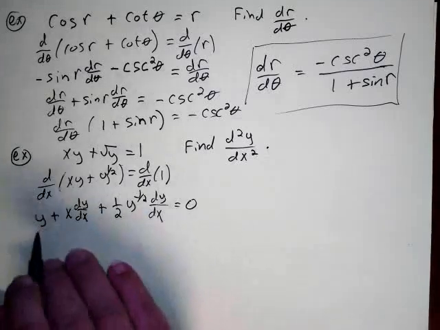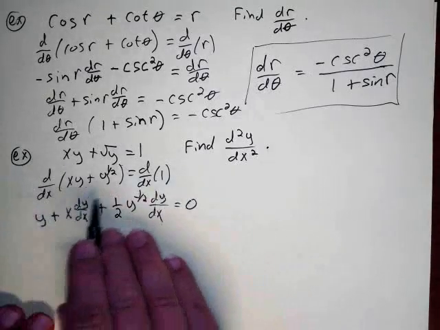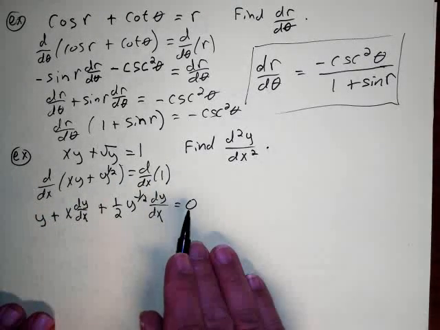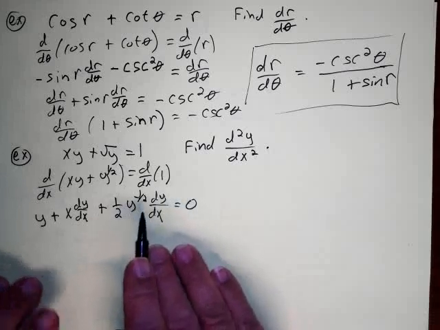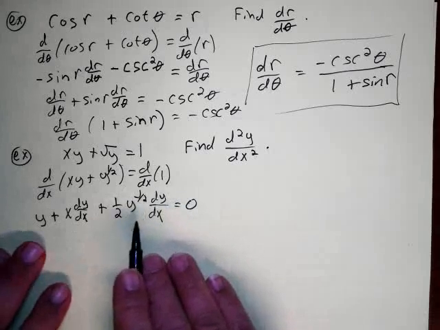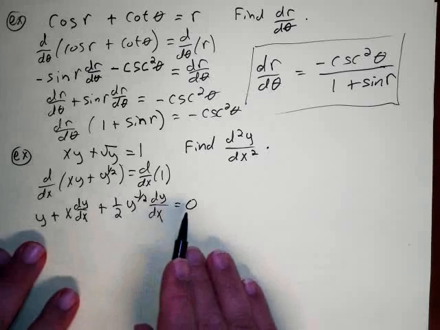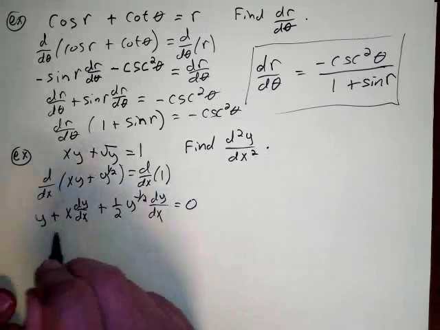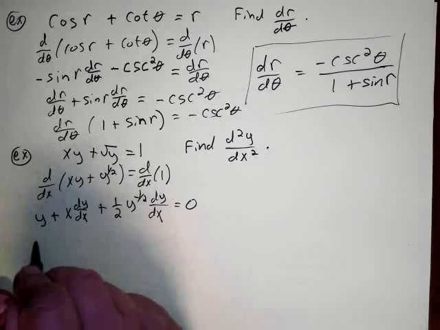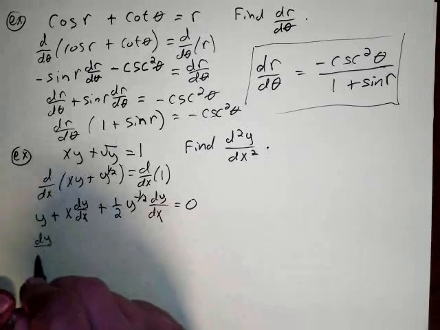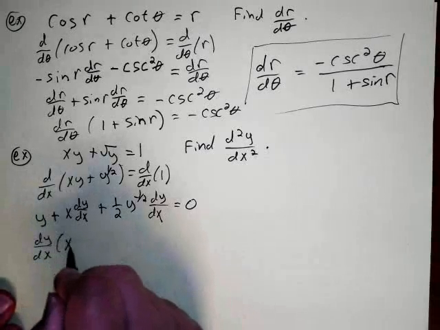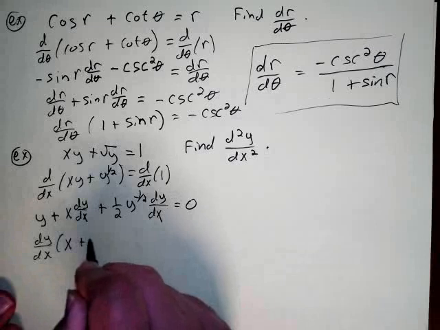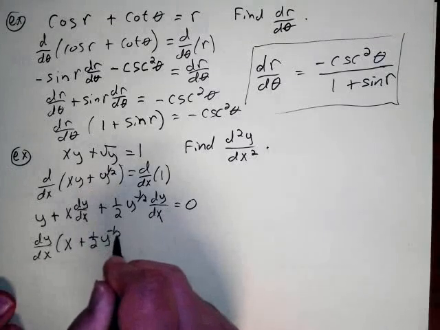Okay? So now I'm going to bring the y to the other side here. And so when I do that, I'm going to get this. So I'll get, and maybe what I'll do is I'll factor out the dy/dx as well. dy/dx, this will just be x plus 1/2 y to the negative 1/2.